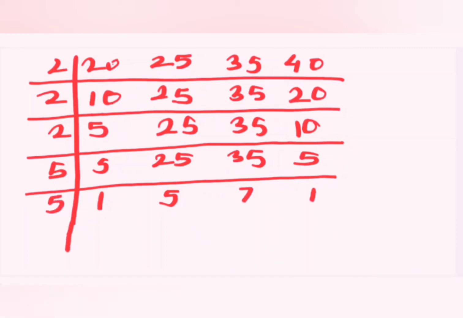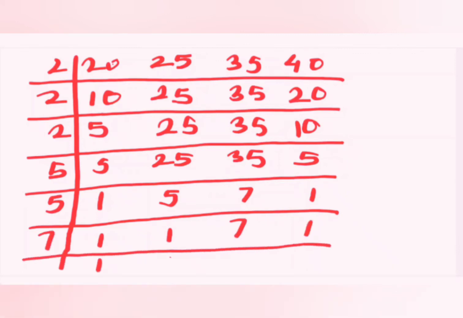Now again 5: 1 as it is, 5 ones are 5, 7 as it is, 1 as it is. Now 7: 1 as it is, 1 as it is, 7 ones are 7, and 1 as it is. So their LCM is the multiplication of these.